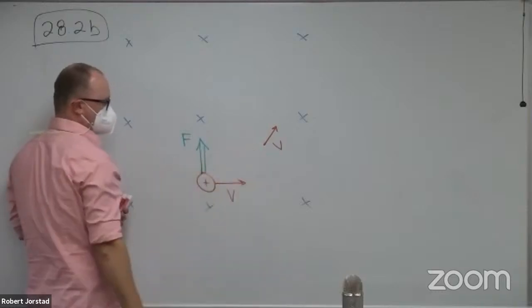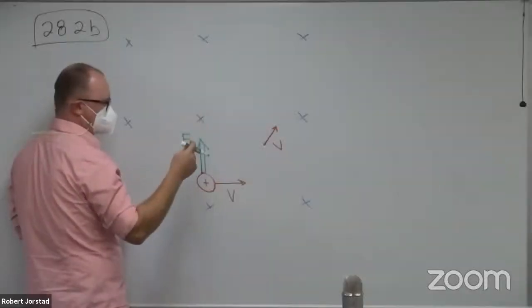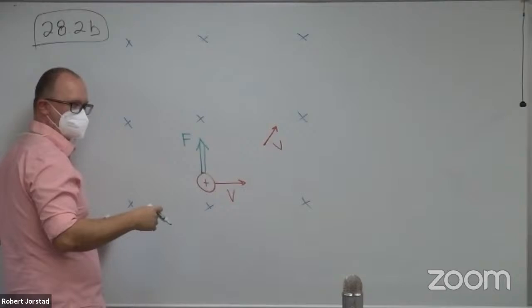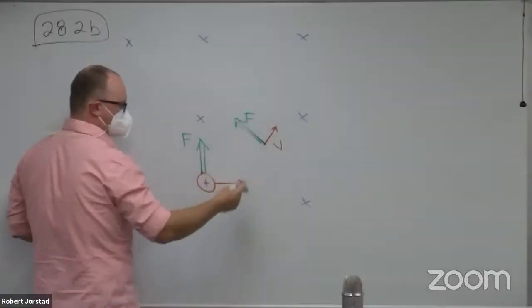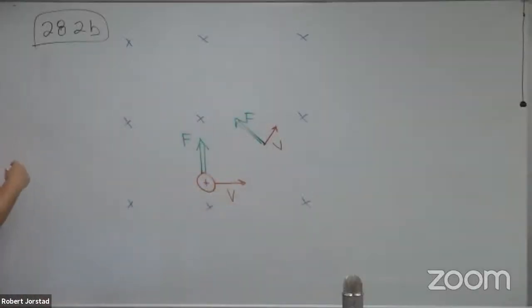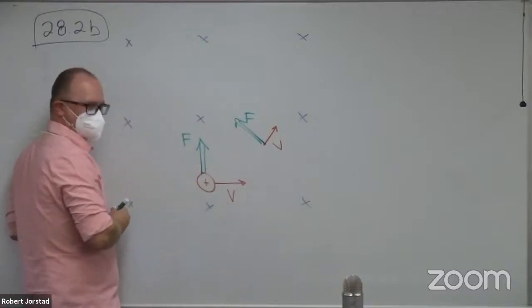How about this? Once you're here, what direction is the force? Perpendicular. This is the one that Christian did earlier, 28.1C or whatever, right? Which way is it going to be moving?